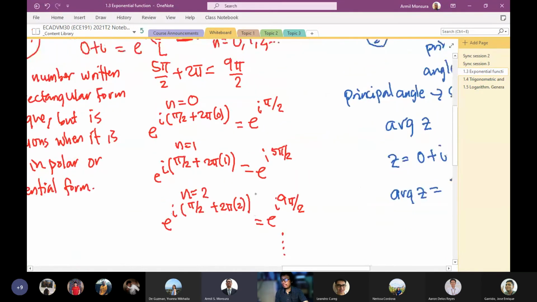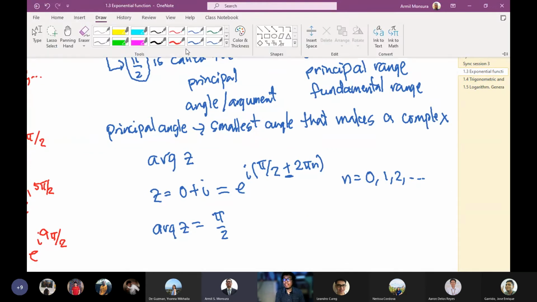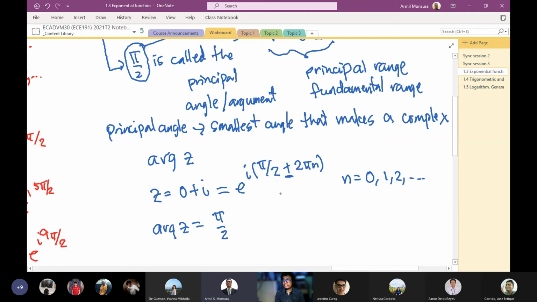So that should allow us to write it as plus or minus, kasi yung n nyo pwedeng negative, which means you're going clockwise, or positive yung n nyo, which means you're going counterclockwise.